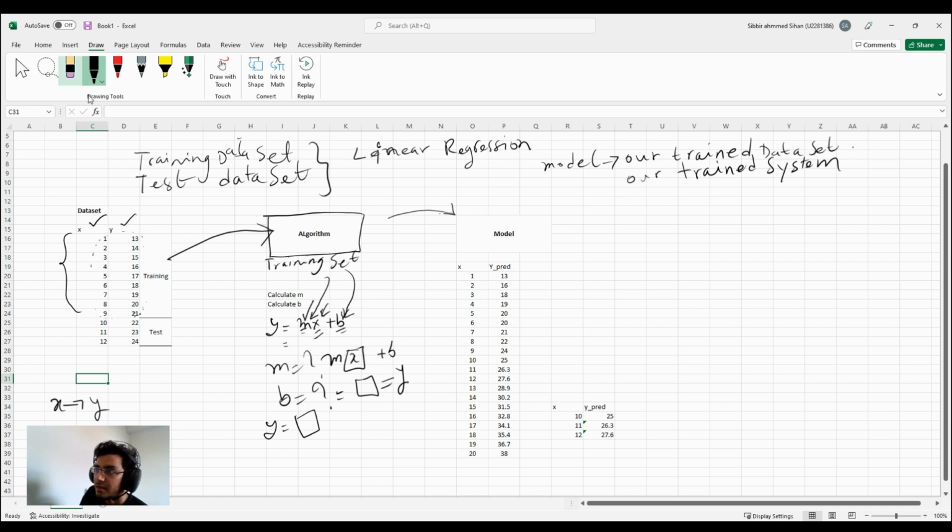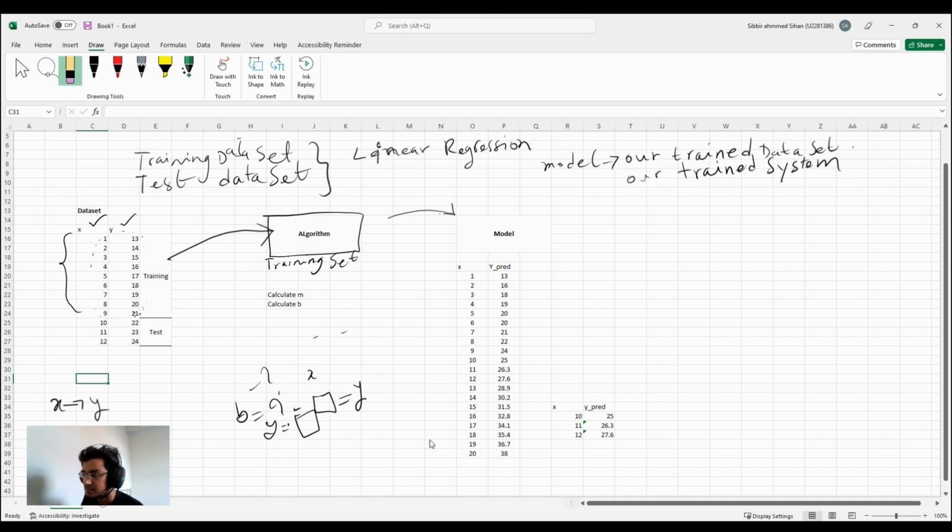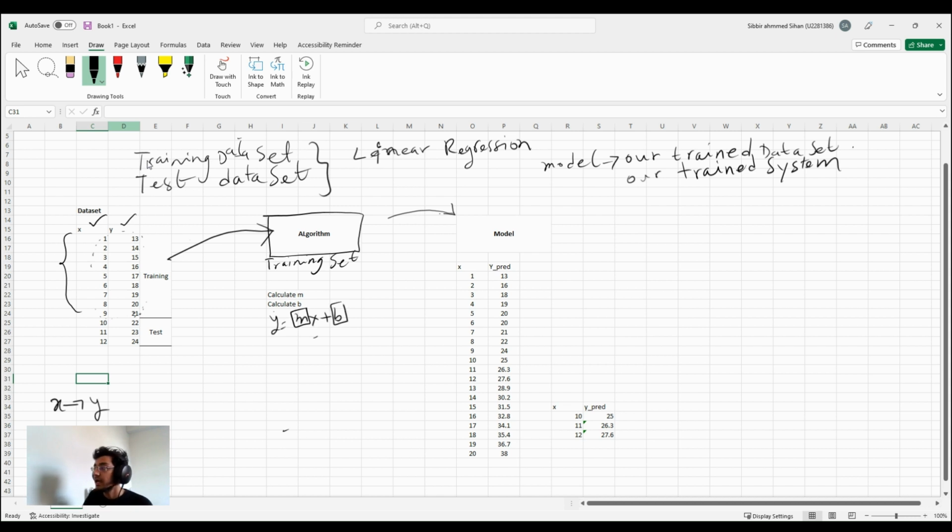This is how it actually works behind the scenes. Once it trains itself based on this formula, which is called mx plus b, it figures out the value of m and the value of b.